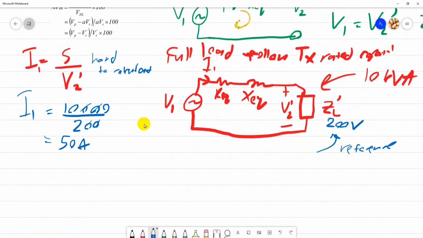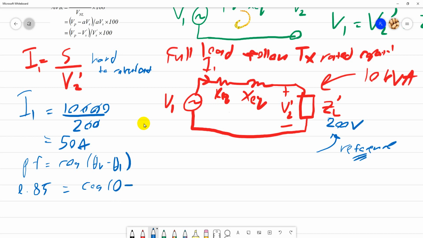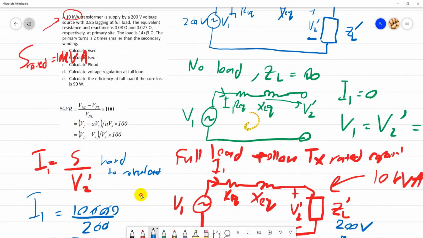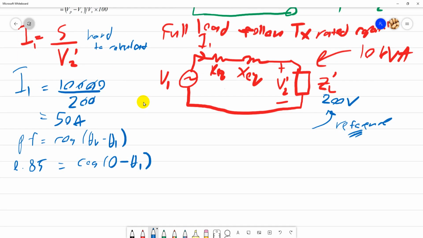So PF equals cos of theta V minus theta I. Then 0.85 equals cos of theta V, which is 0 because we already assumed this, minus theta I. Because this is lagging, as mentioned here, remember lagging is positive, leading is negative.